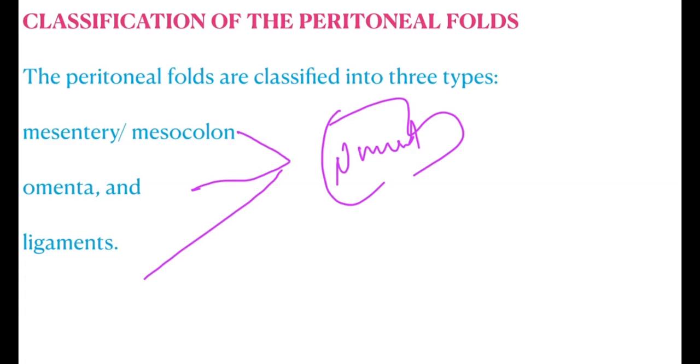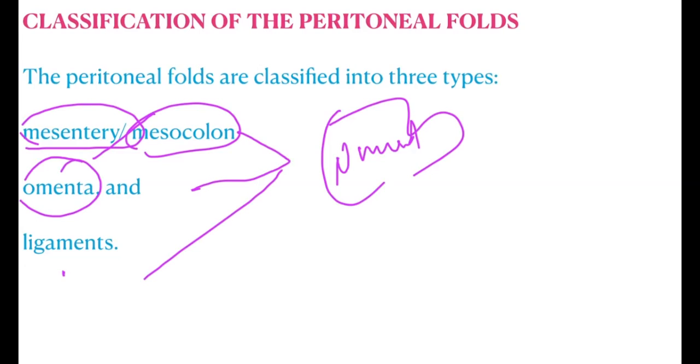Ligament is not the same thing as in the musculoskeletal system. That is not the case here. Ligament is nothing but only the peritoneal layer, with some form of thickening, or sometimes there may not be any thickening at all, right? So just depending on the location, it is called a ligament. That's it, right?